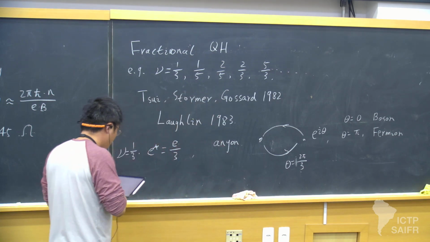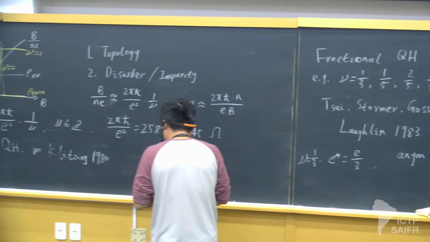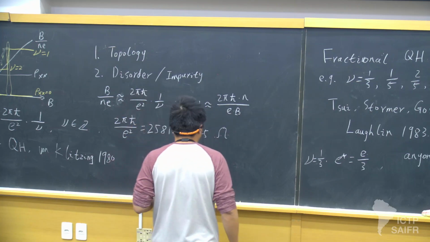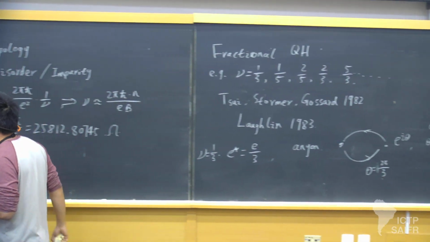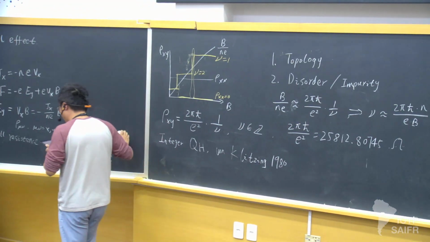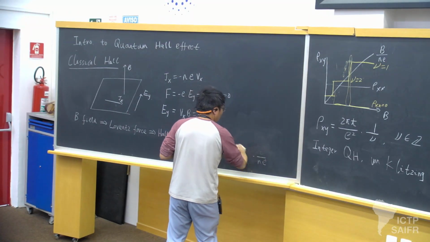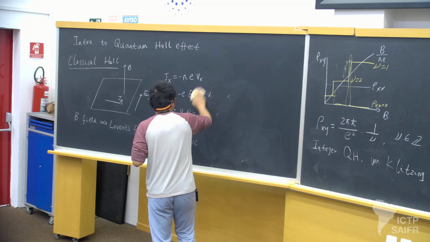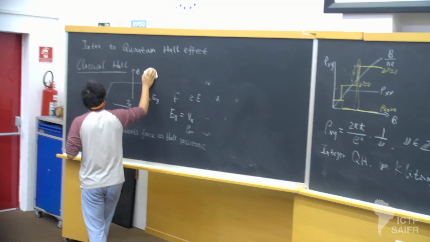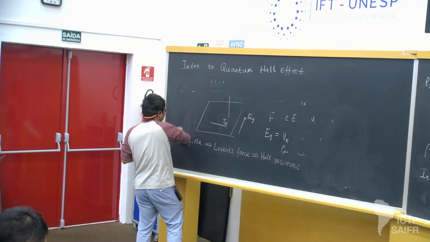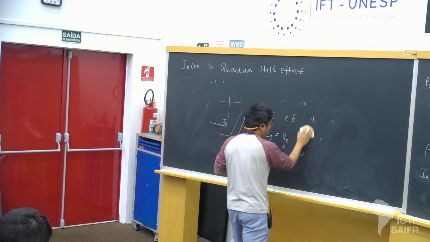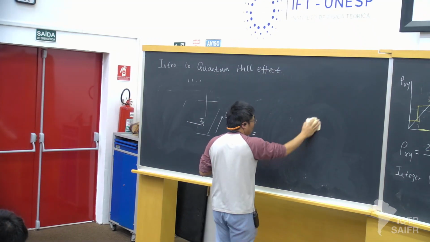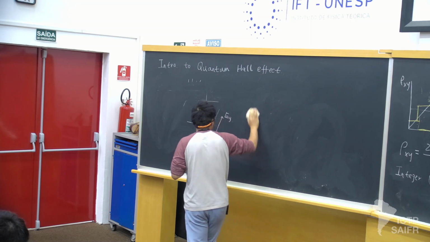So if not, let's start understanding the physics of the integer quantum Hall effect. And the most important thing, the starting point, is to try to understand just single particles, single electrons moving in the presence of a magnetic field.